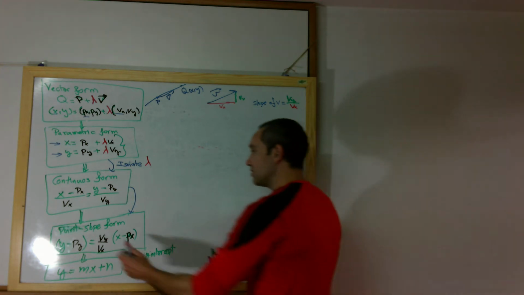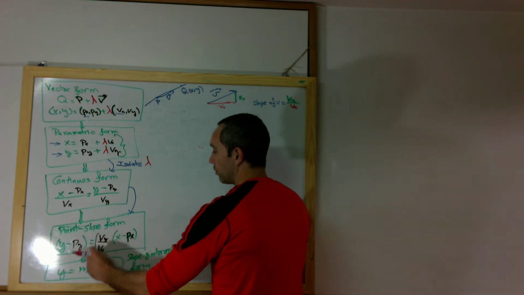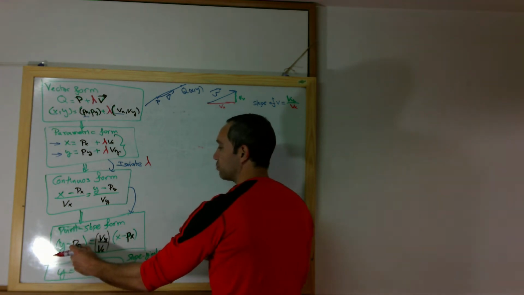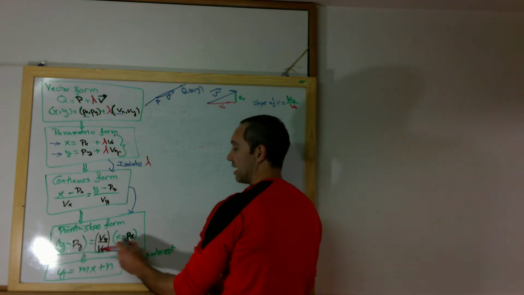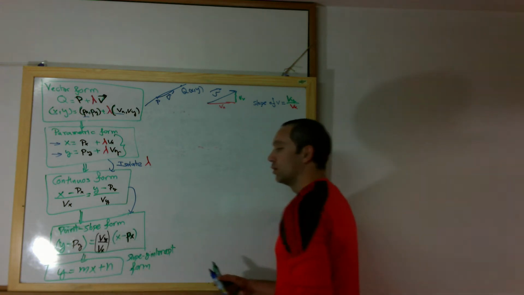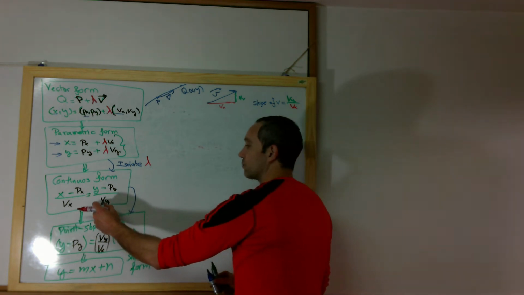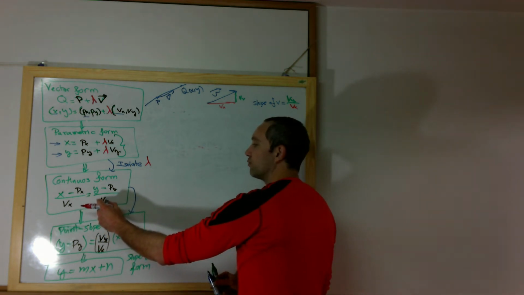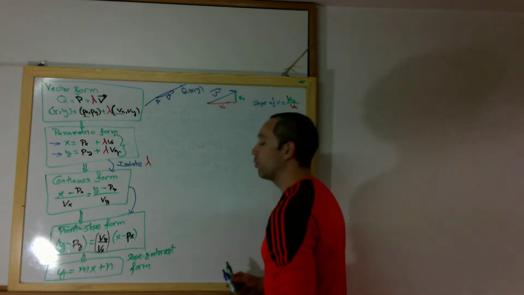So this is why this form is called point-slope, because we've got y minus p of y, x minus p of x, the point is given, and the slope. So we can get from here to here just by moving v of y to the other side of the equation, transposing, sorry.